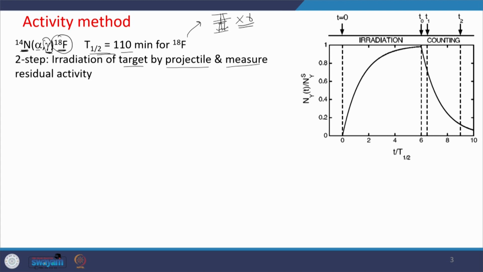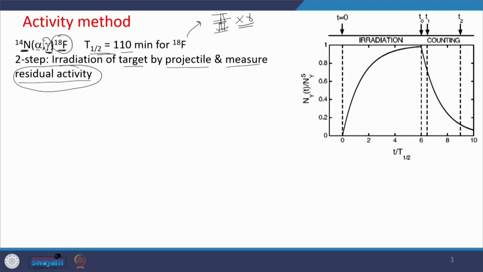You can use high purity germanium or scintillation detector and you measure the 511 keV gamma rays and you measure the residual activity.